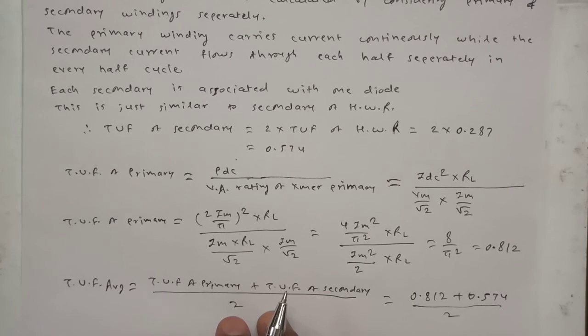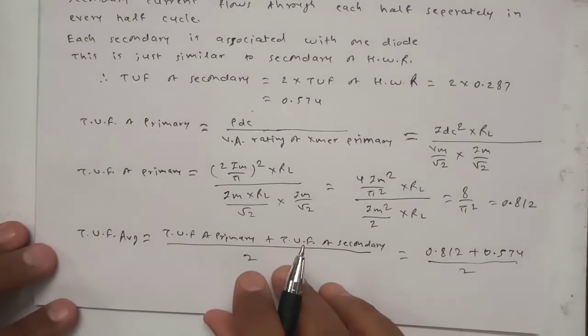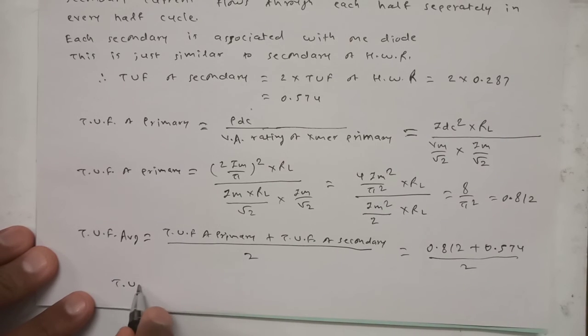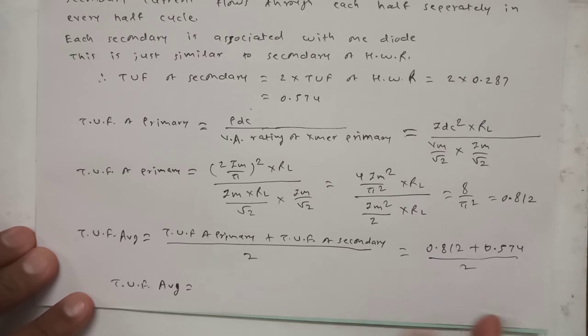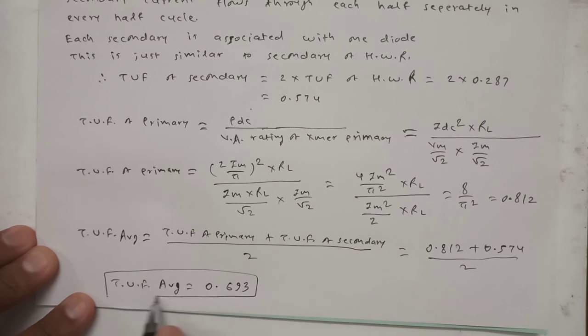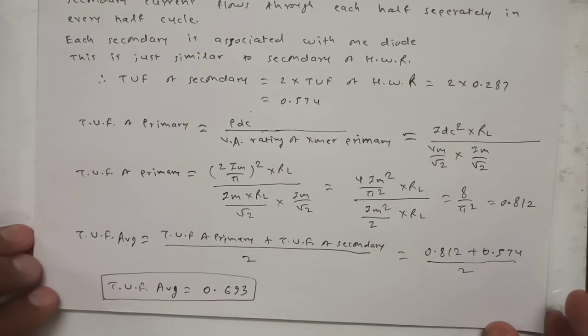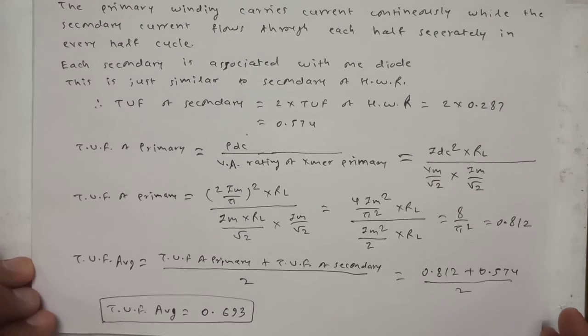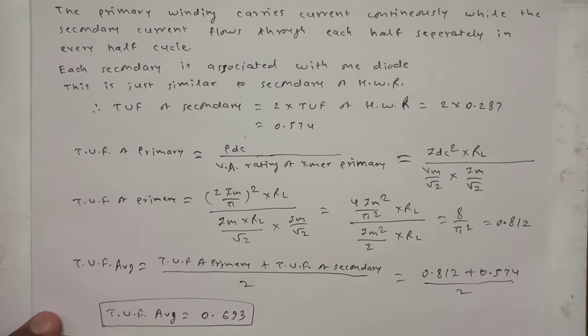So just calculate this thing, and what you will be getting, the TUF average in case of center tap full wave rectifier, after doing this calculation I am getting the value to be 0.693. So this is the value of TUF in case of center tap type of full wave rectifier.